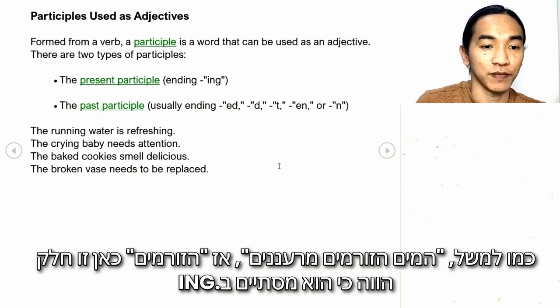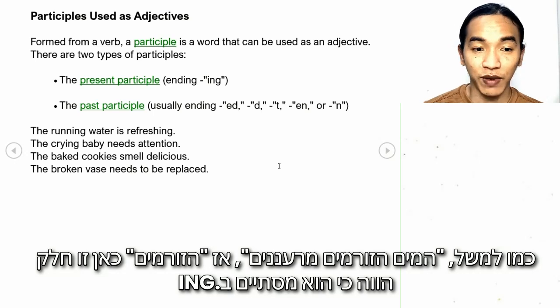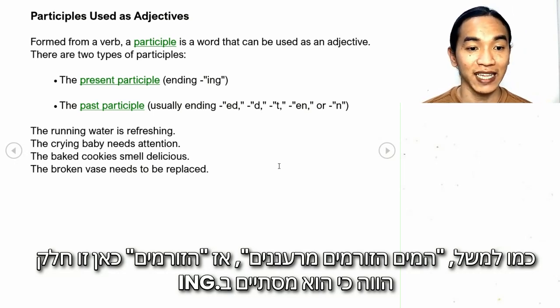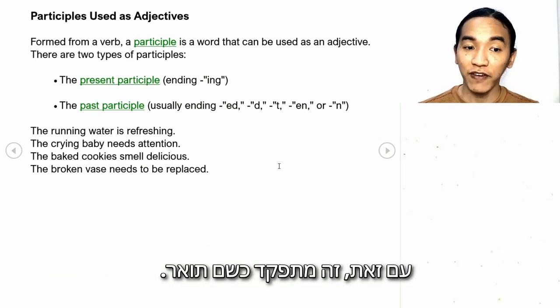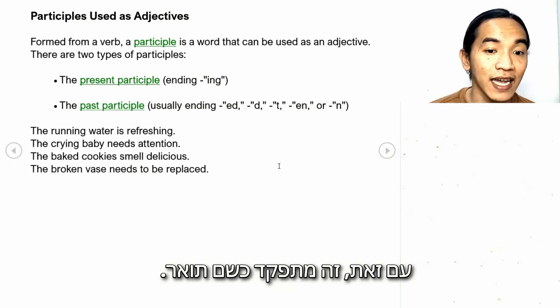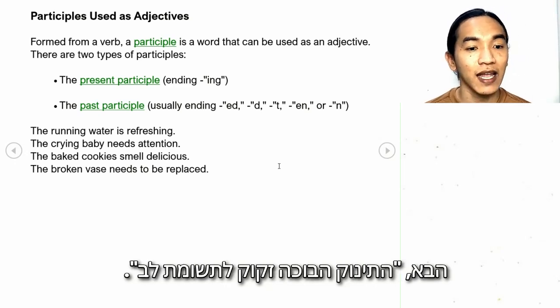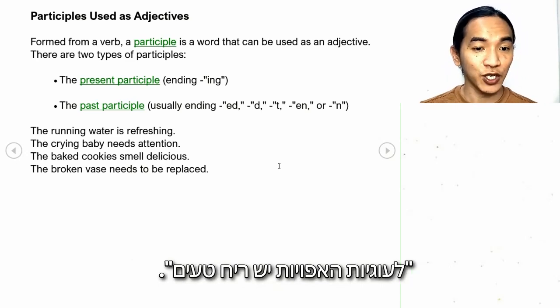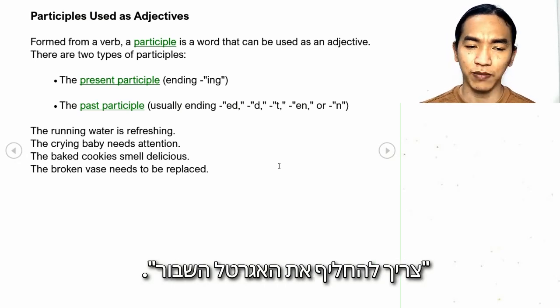Like, for example, the running water is refreshing. So running here is a present participle because it ends with ing. However, it functions as an adjective. Okay, next, the crying baby needs attention. The baked cookies smell delicious. The broken vase needs to be replaced.